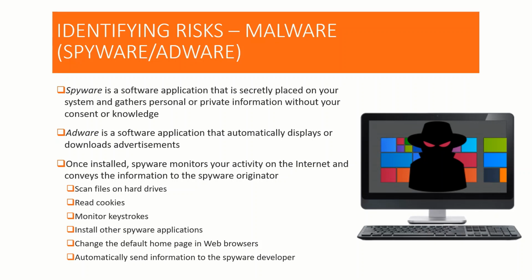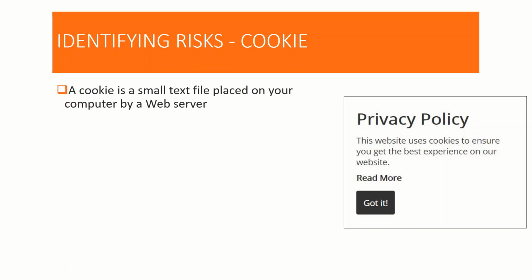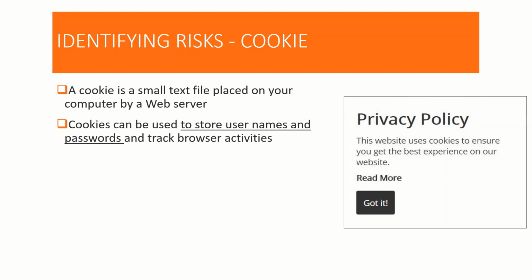I mentioned cookies a while ago. A cookie is a small text file placed on your computer by a web server. Although cookies themselves are not dangerous, they can be used to store usernames and passwords if you click yes when your browser asks you if you want to store this information. Cookies also track browser activities, such as the sites you visit and options you select.